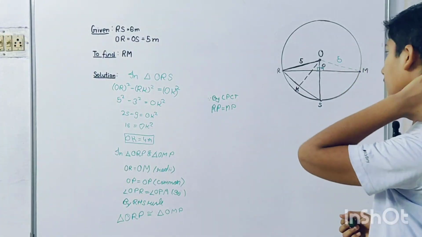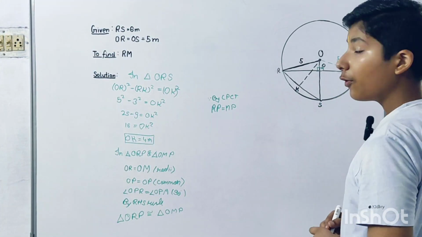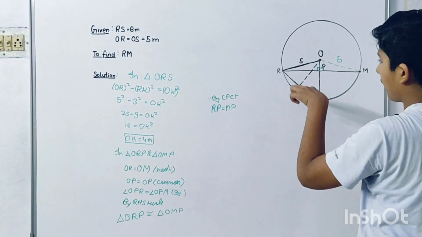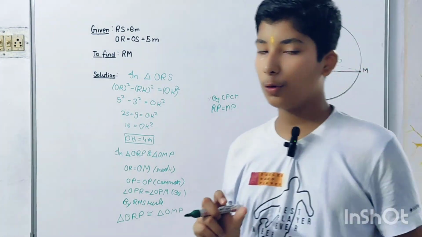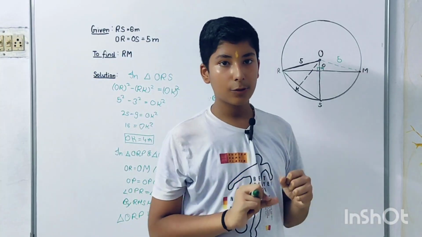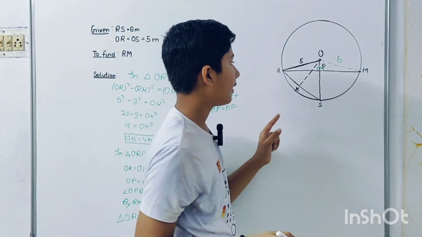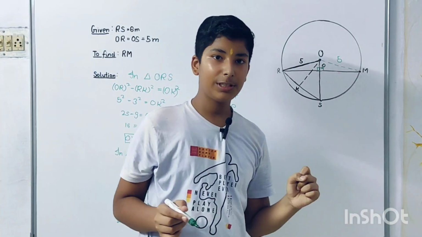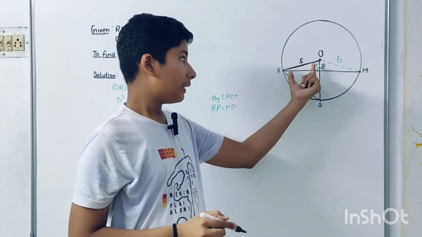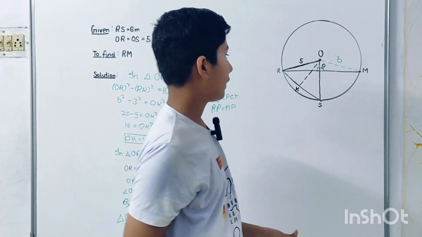Now we'll just take this triangle ORS. As I told you, this was the most important thing in this question. If you concentrate on it, you will see that the area of this triangle can be found in two different ways.